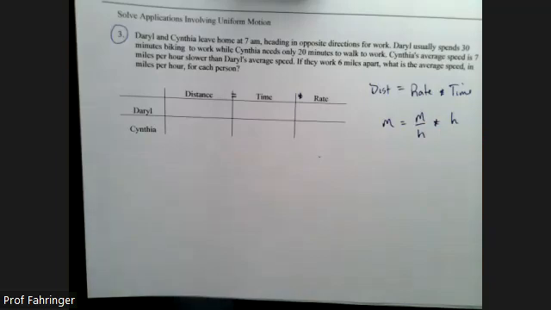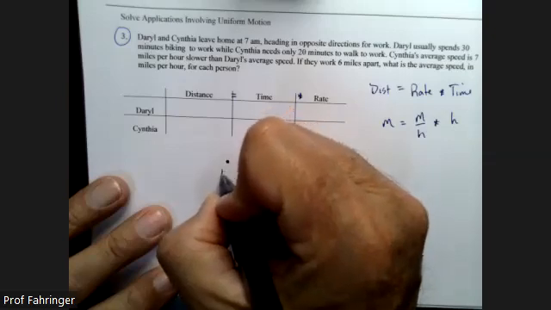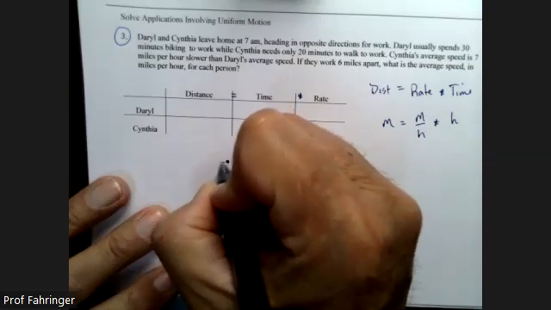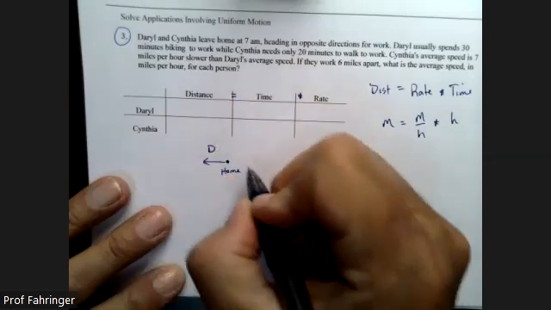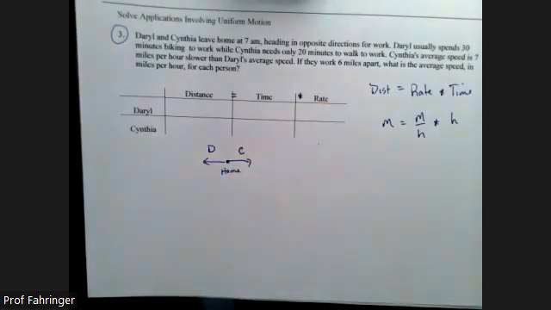Daryl and Cindy leave home at 7 a.m. heading in opposite directions. So they start here. This is home. Daryl goes this way, Cynthia goes this way, and they never look back. Daryl usually spends 30 minutes biking to work.